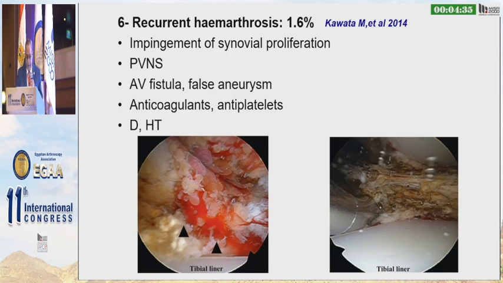The next is recurrent hemarthrosis, up to 1.6%, because of impingement of synovial proliferation, PVNS, arteriovenous fistula, false aneurysm, patient used anticoagulant and/or antiplatelets, patient with diabetes or hypertension or both.